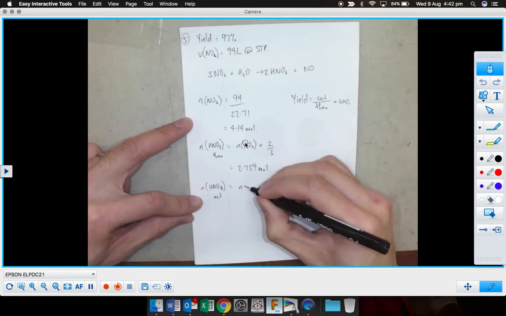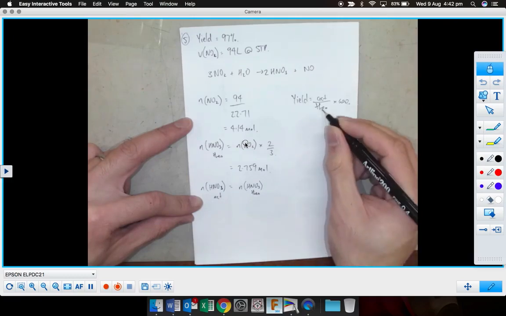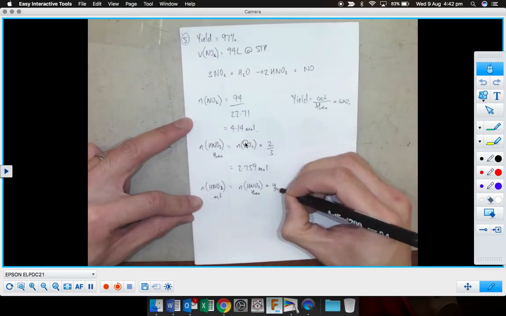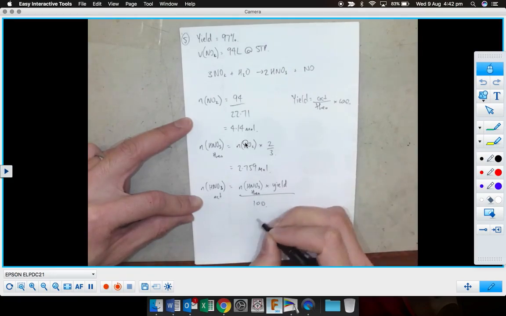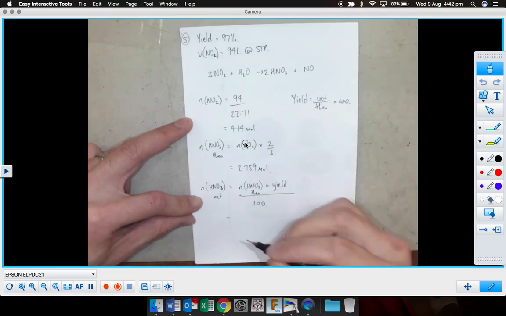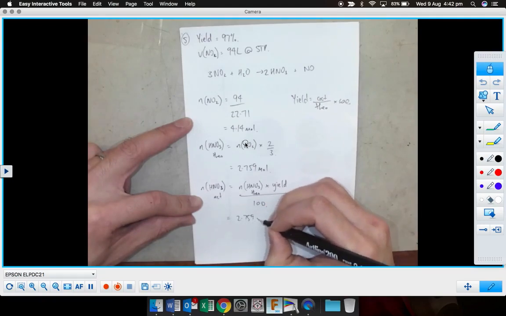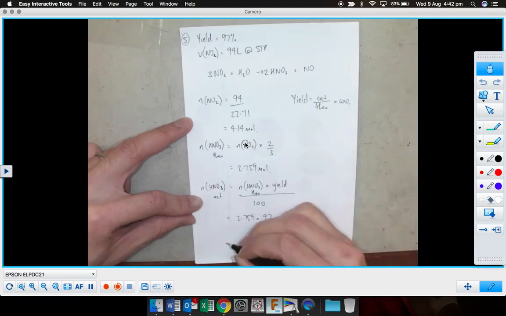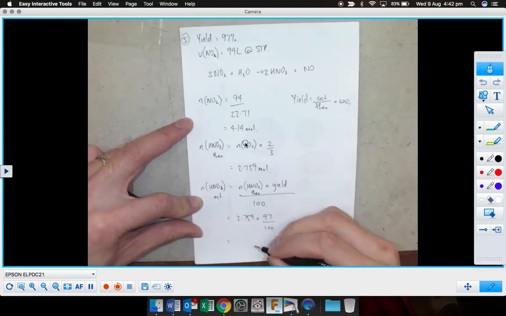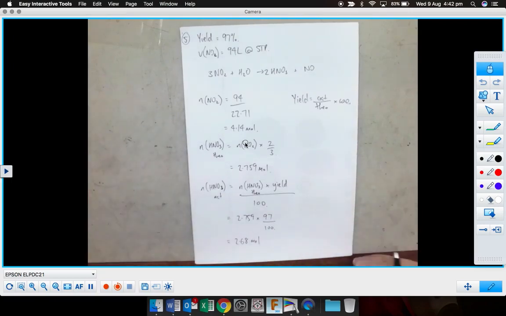So the number of moles of HNO3 actual equals the number of moles of HNO3 theoretical, times the yield, over 100. Okay, so that's 2.759 times the yield, which is 97, over 100, which just so happens to be 2.68 moles. Am I done?